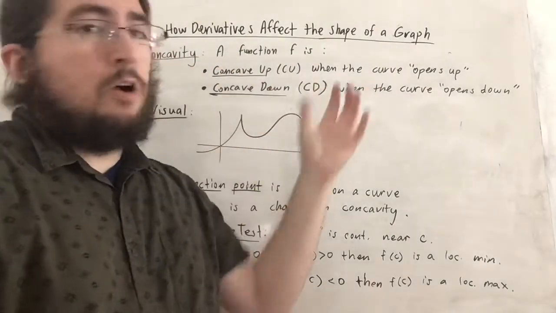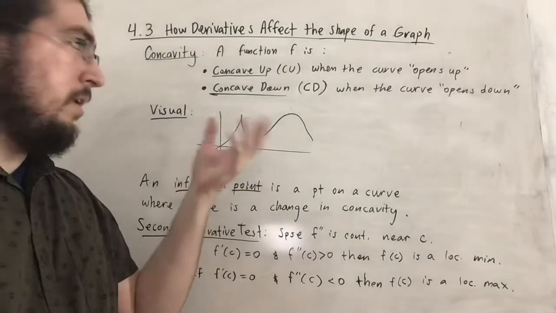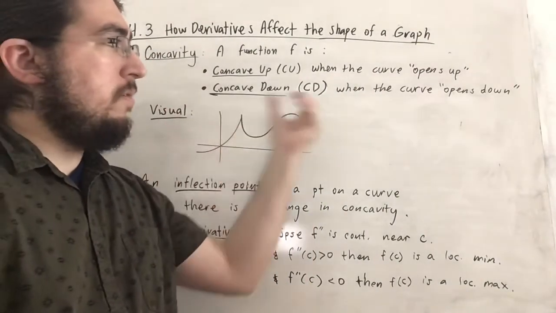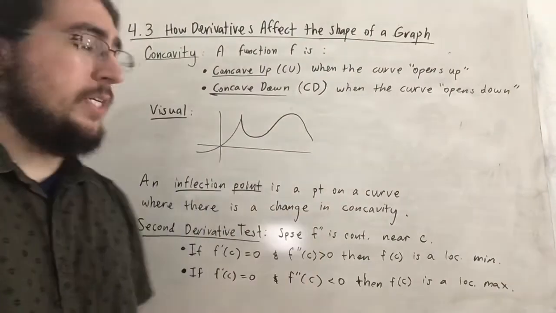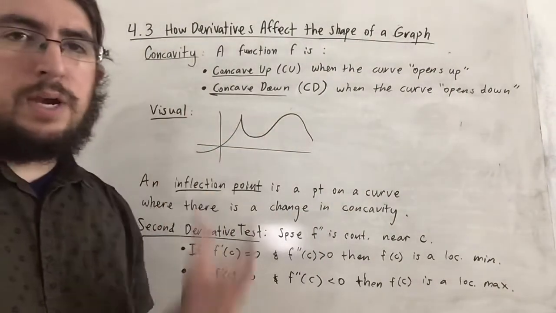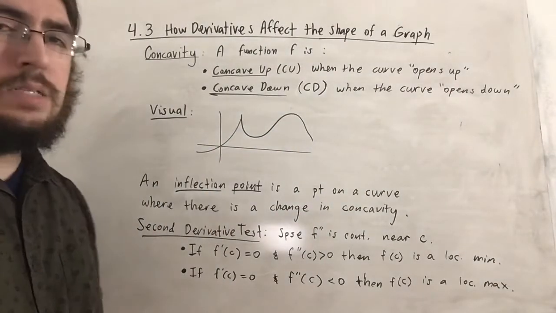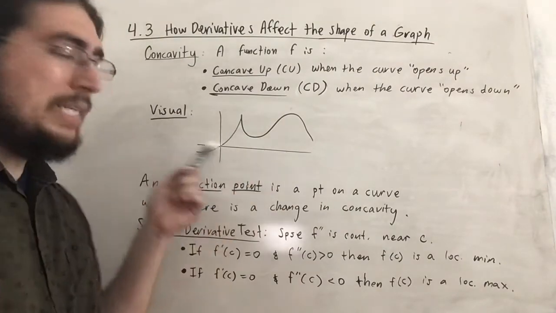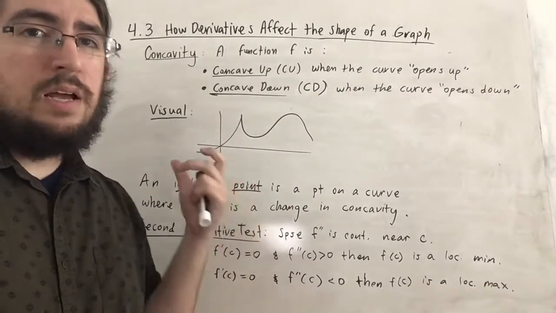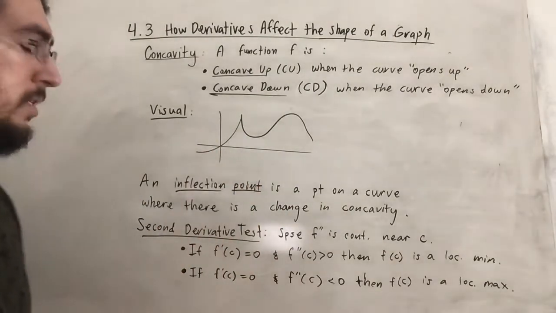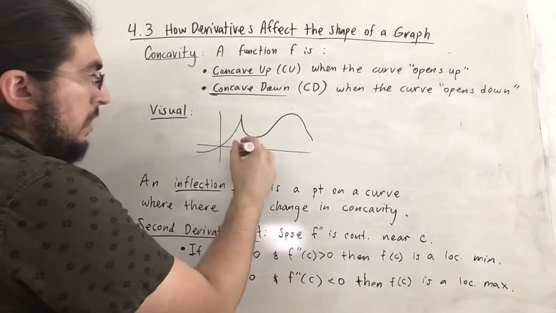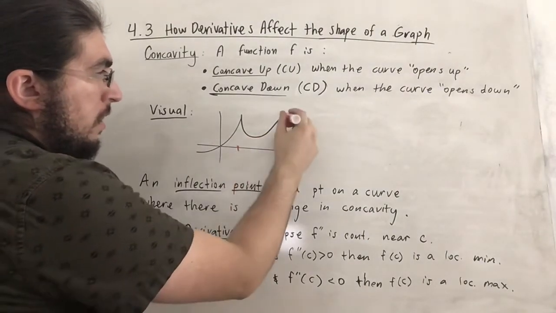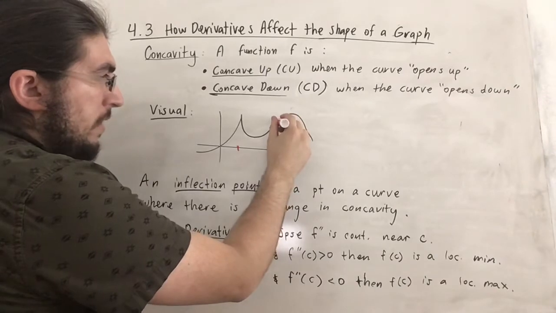Concave up when the curve opens up in that region or interval, or concave down when the curve opens down in that region. So here I have just some random curve I made up, and I'm going to split the x-axis up into smaller intervals, a very particular choosing. So let me try to show you. I'm going to split it up here and right about here at this point.